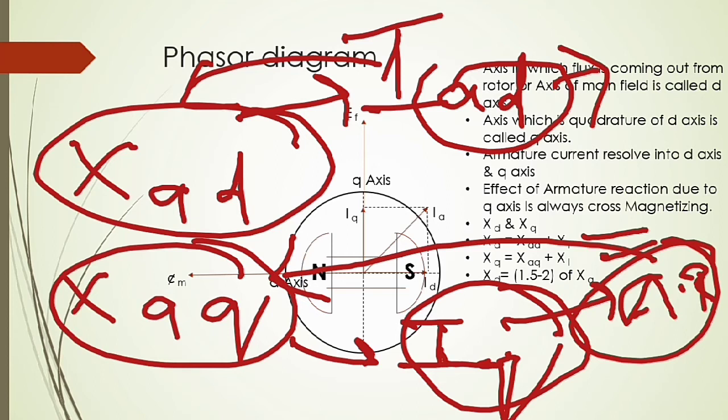So Xaq or Xad is the main phenomenon of armature reaction. This is the armature reaction reactance, and it comes from armature reaction, which depends on the d axis armature current or q axis armature current. This is how we can calculate Xad and Xaq.